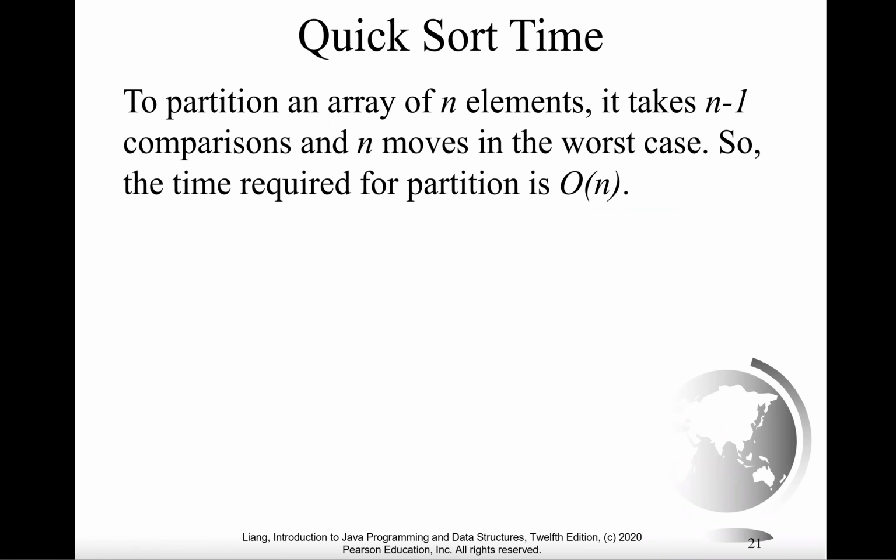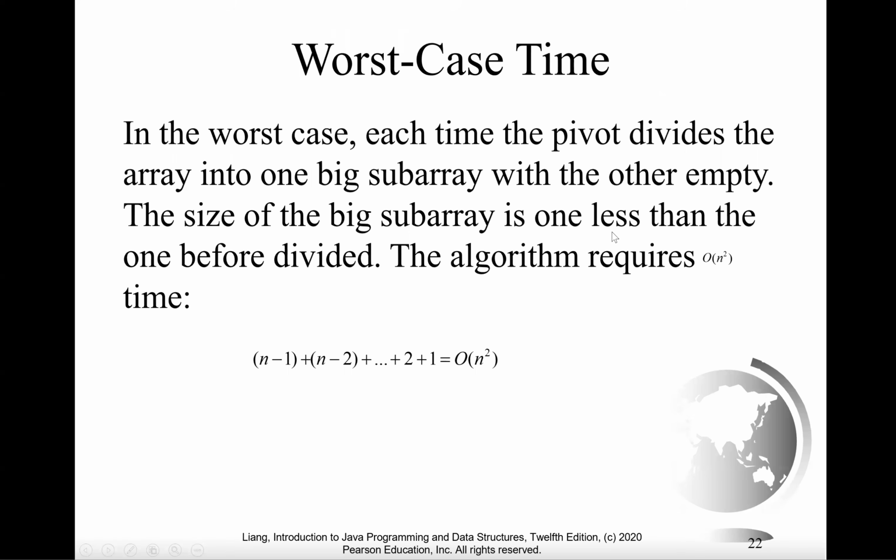Now let's look at the time complexity for quicksort. To partition an array of n elements, it takes n-1 comparisons and n moves in the worst case. So the time required for partition is order of n.